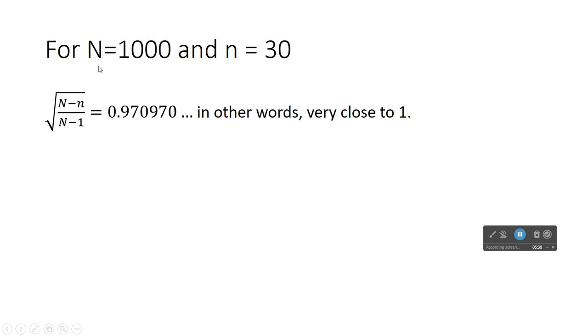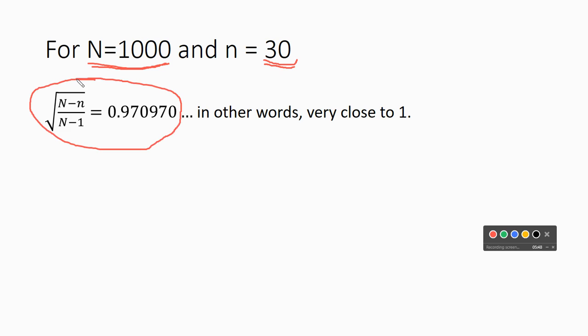Now how can we get away with that? Well, let's do a simple calculation. When our population has 1,000 elements in it, and when we take a sample of size 30, the quantity we're multiplying by is equal to 0.9855, which is pretty close to 1.